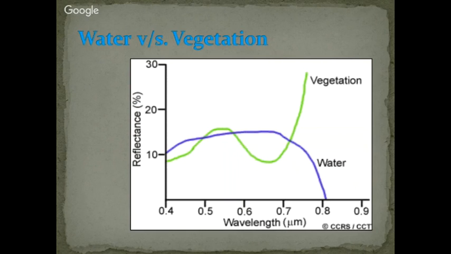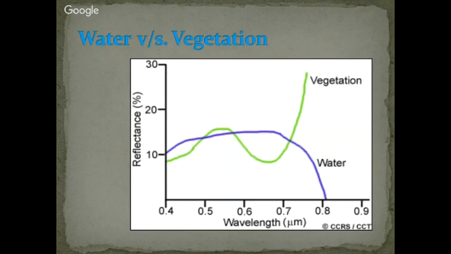And particularly after 0.7 micrometers we can see that vegetation starts reflecting higher energy. The curve is moving upward, whereas in case of water the curve is moving downward. And at roughly about 0.8 micrometers water is not reflecting any kind of energy.